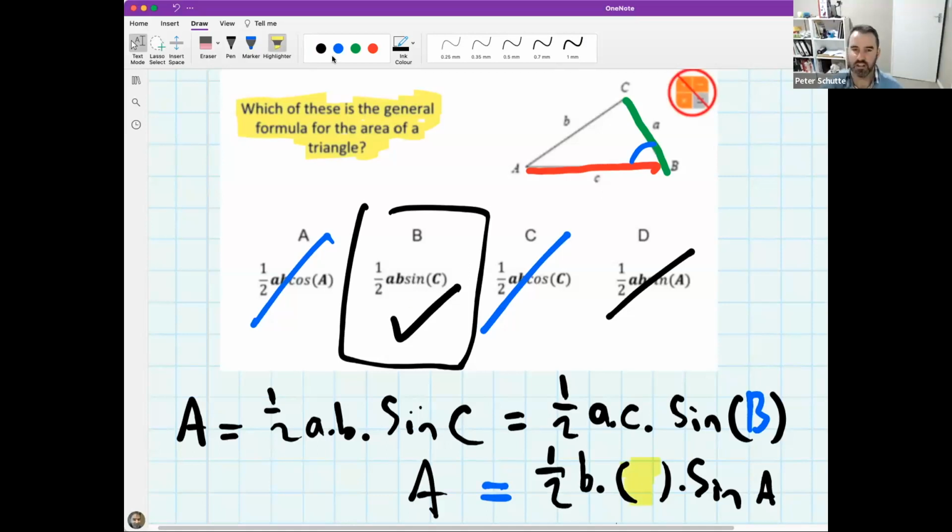It's just going to be little a side. And all I was doing there was focusing on the area rule on those two sides and then the angle in between. So the area rule can actually be written, you find the area as long as you have two sides and an angle in between, you're golden.